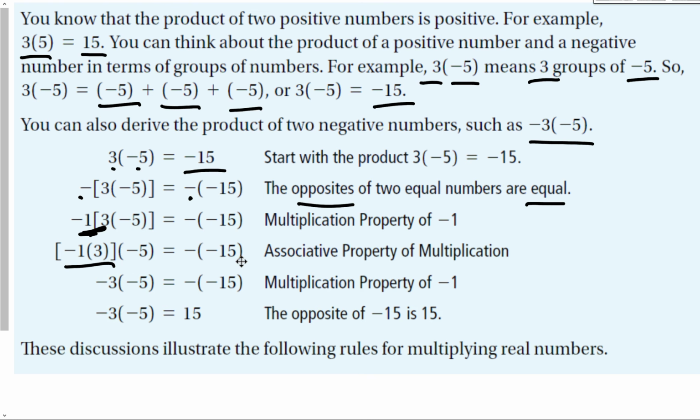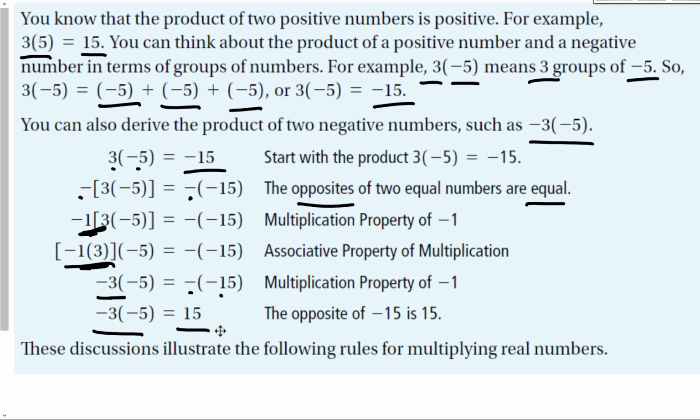The multiplication property of -1 then says that this negative right there turns into a -3. And we can see now that the negative on the right-hand side, negative times a negative, multiplication property of -1, turns that into a positive. So we can see how -3 times -5 is going to give us a 15.